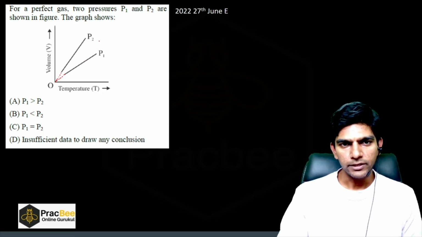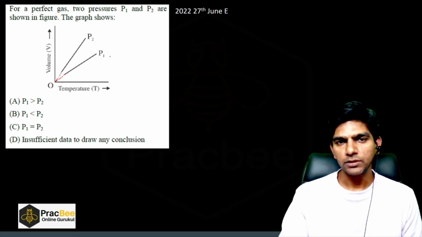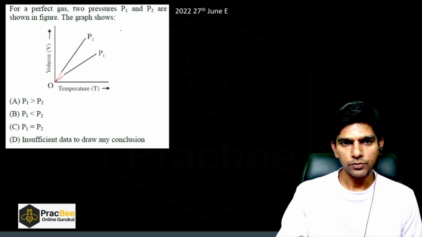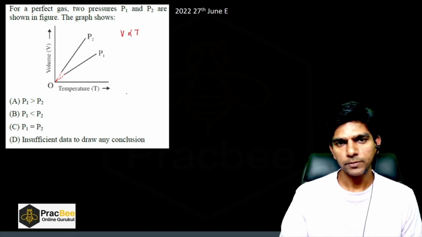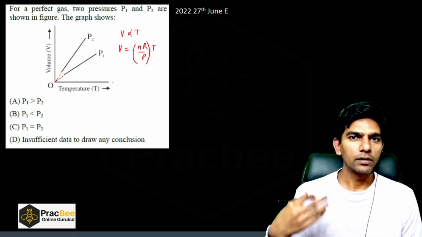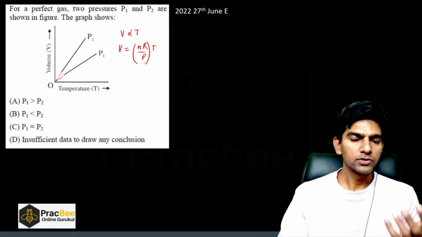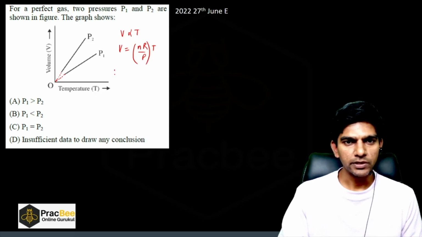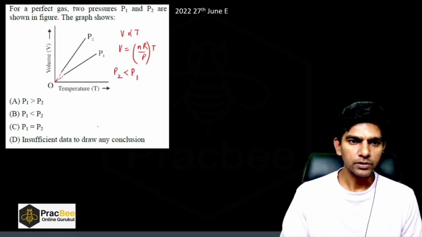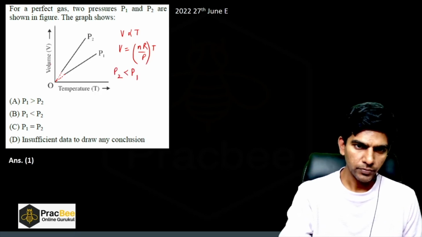So in isobaric, pressure remains constant. So volume is directly proportional to temperature, and we can say V equals nR by P times T. So for a given amount of gas, slope is inversely proportional to the pressure, so the smaller the pressure, the more will be the slope. So we can say P2 is less than P1. So option A is the right answer.